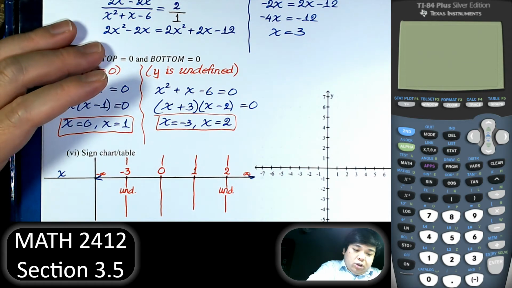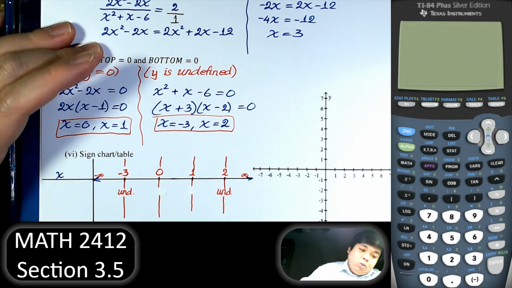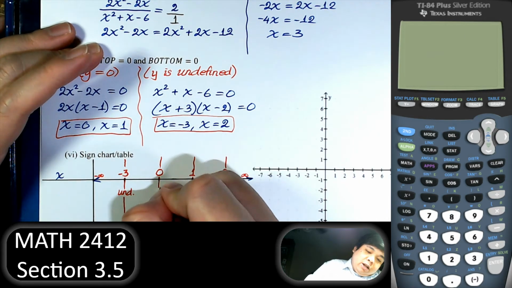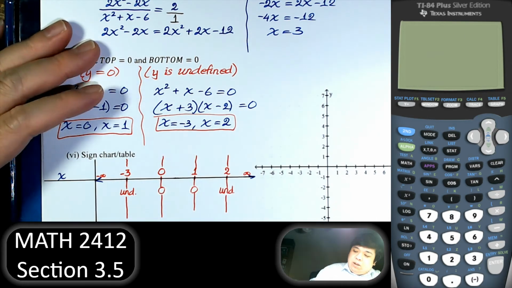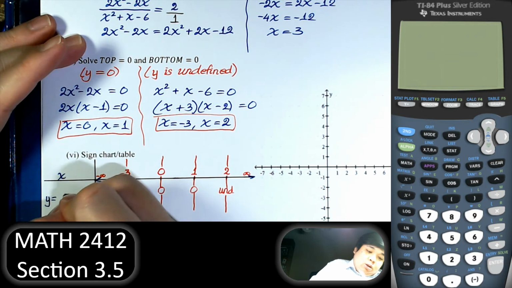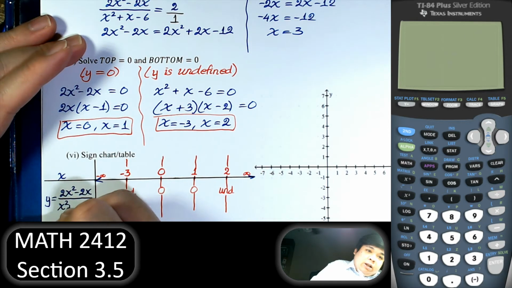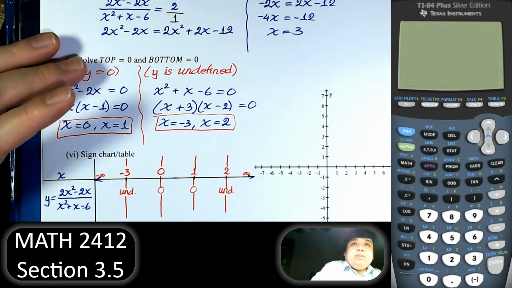When x equals 0 and x equals 1, the function equals 0. And we have the function 2x squared minus 2x over x squared plus x minus 6. Right.